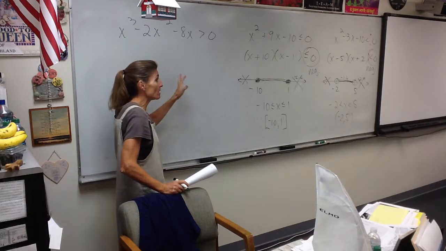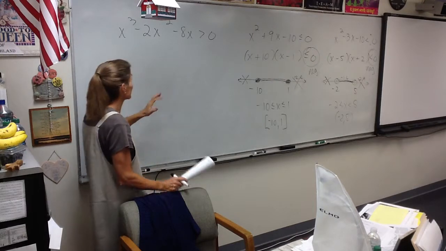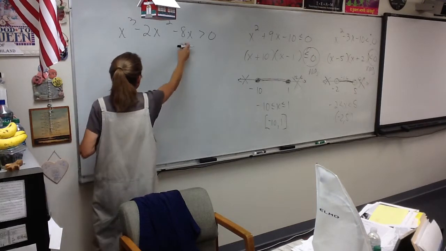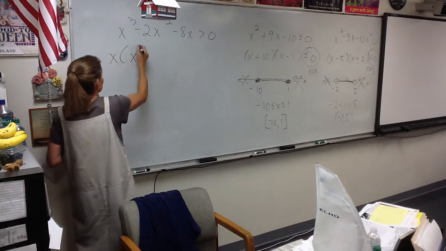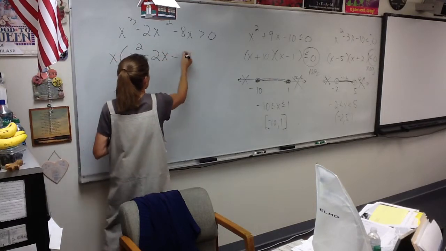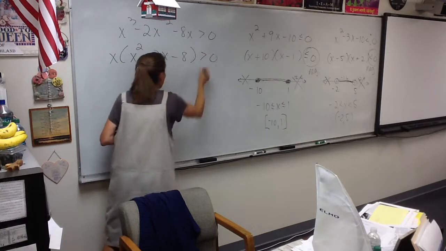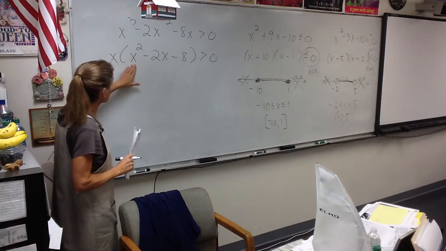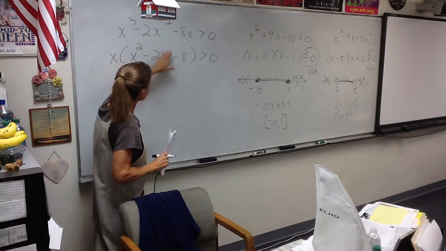I don't care how big or little the problem is, you want to factor it. So since that's a cube, Tim noticed that I can take an X out of everything. Okay. So I will take an X out of everything. That leaves me with X squared minus 2X minus 8.